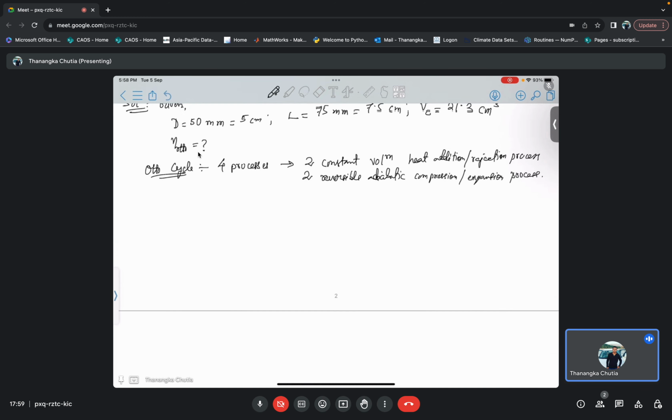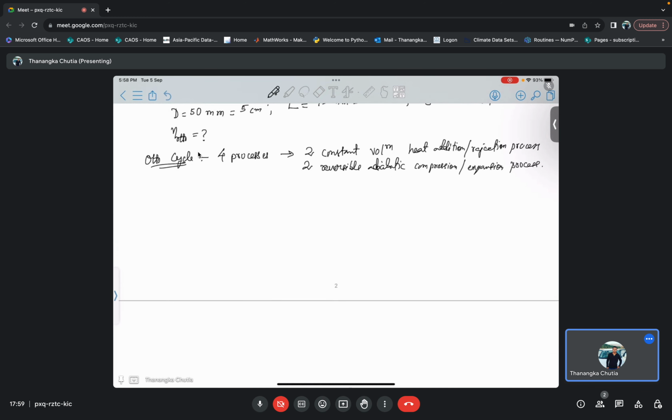Okay, so if we want to draw the PV diagram, the compression stroke is 1 to 2, then there will be a constant volume heat addition.